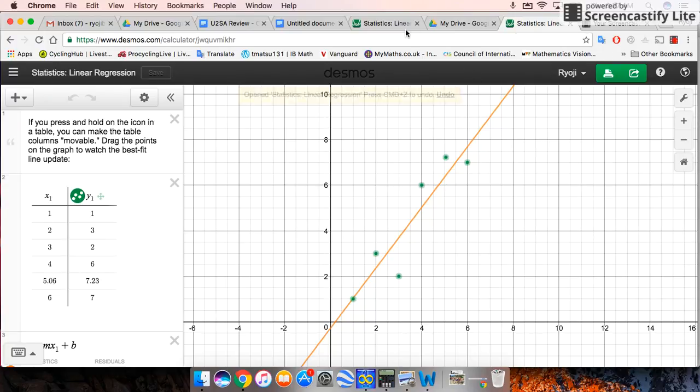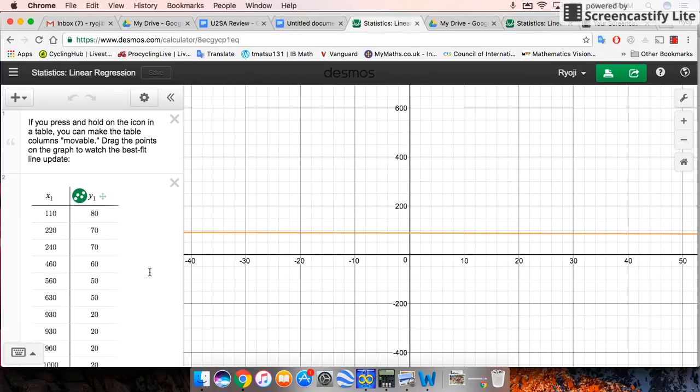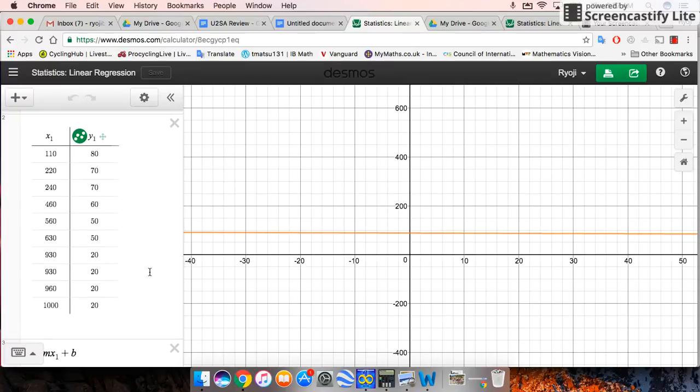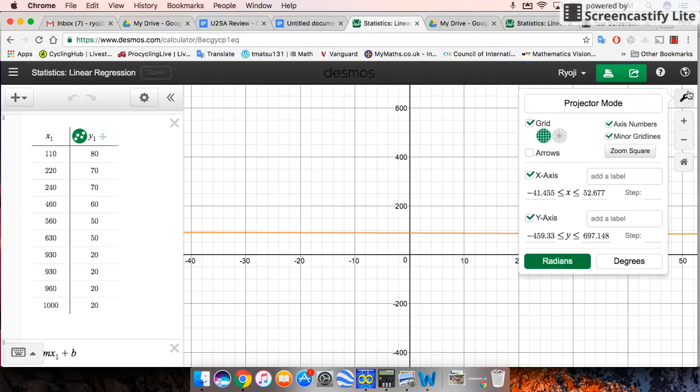And what I've already done is I've already typed in the data values, right? And I'm going to change the window so that I can see all of the data. So I'm going to go to this little wrench, which is the settings, and the lowest X value is 110. So for the lowest X, I type in 100.